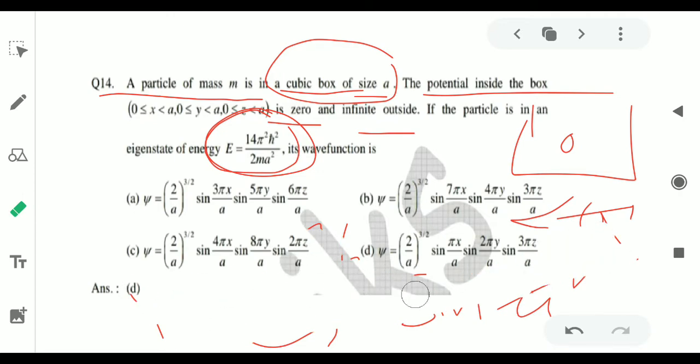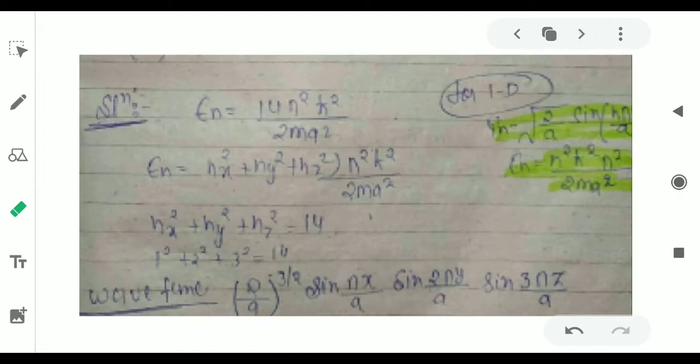Now how can we find the value of the quantum numbers? We are given the energy, and for energy you can write n, m, l, or you can write nx, ny and nz, whatever you want. Here nx squared plus ny squared plus nz squared is equal to 14. This is the energy value of the cubic box.